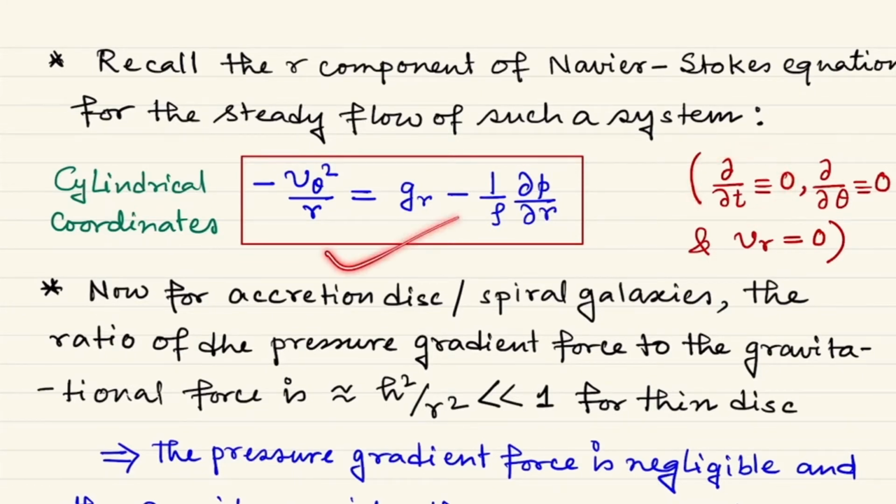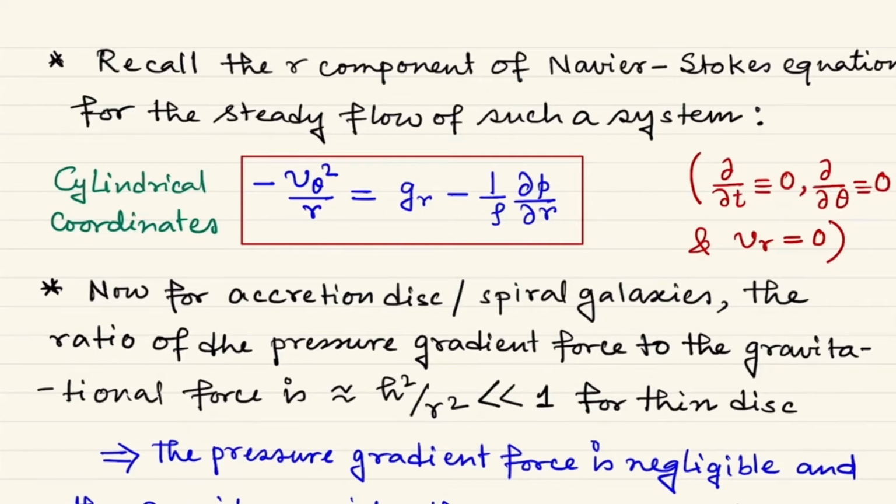For our case, for simplicity, we also assume that Vr is very small, so Vr can also be practically 0, and del theta is 0. If we assume all these things in cylindrical coordinates, the r component of Navier-Stokes equation becomes minus v theta square by r is equal to gr, the radially acting gravitational acceleration, minus 1 by rho del p del r.